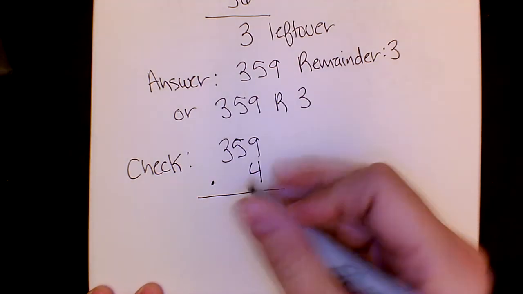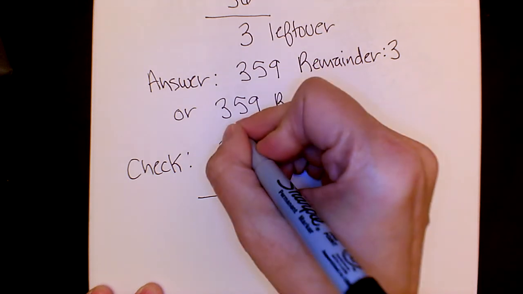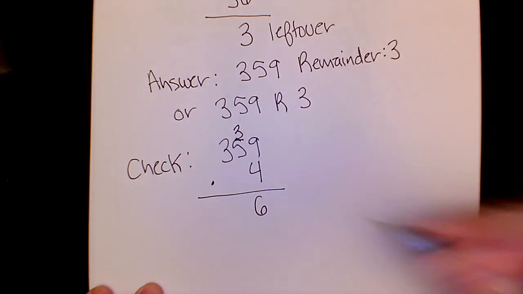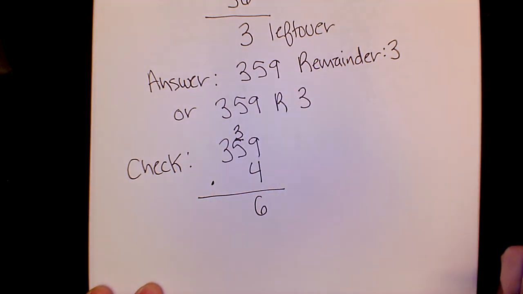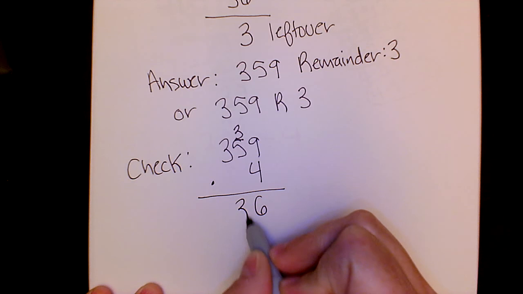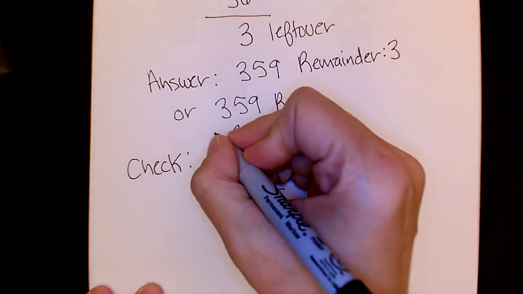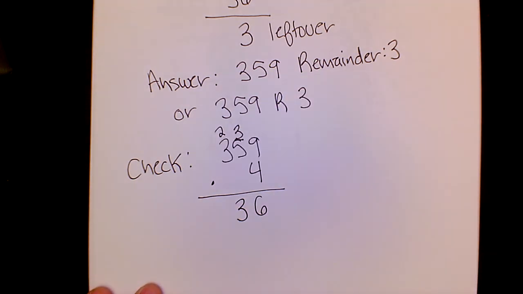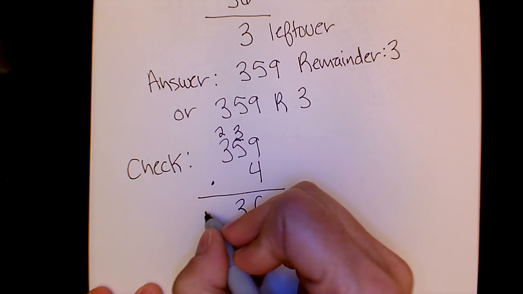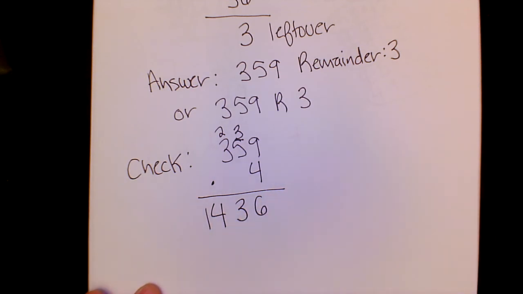And 9 times 4 is 36. Carry the 3. 5 times 4 is 20. Plus 3 is 23. Carry the 2. 3 times 4 is 12. Plus 2 is 14.